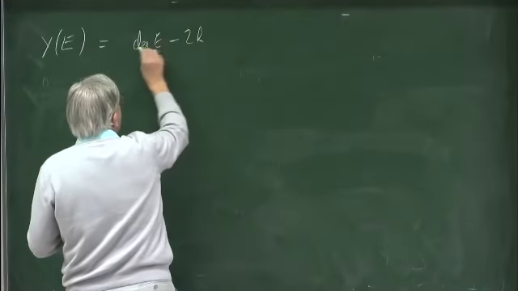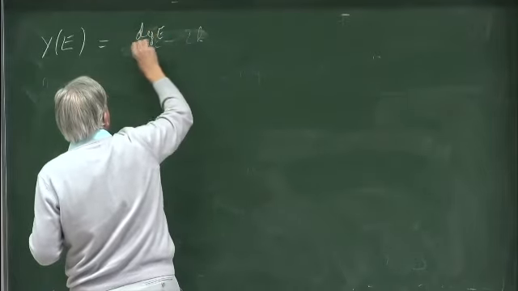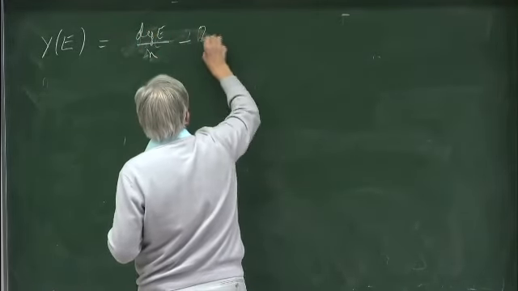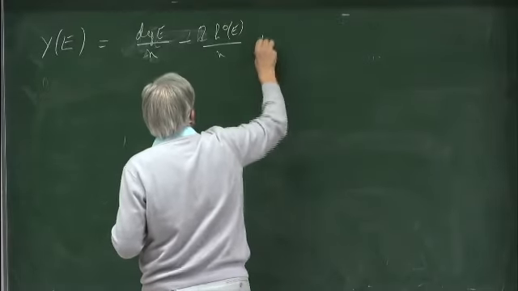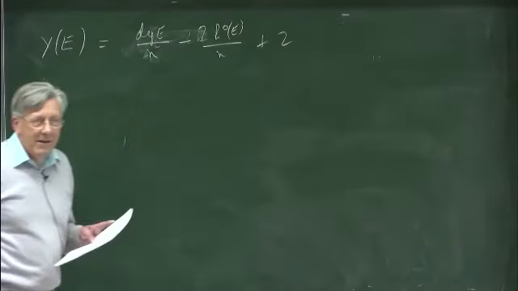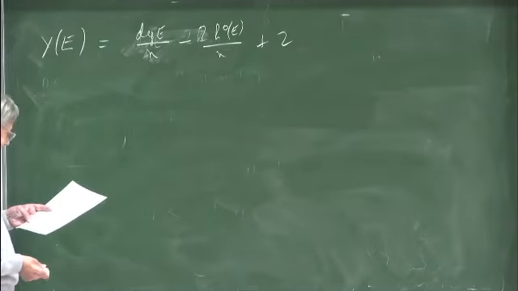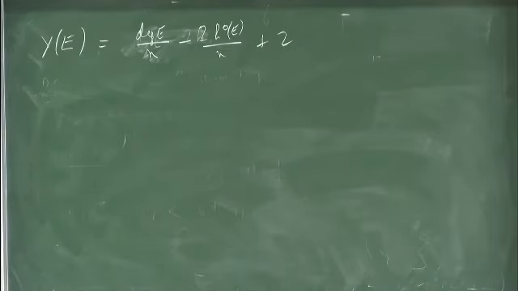It will be the degree of E divided by the rank, which is n, minus 2 h^0 of E divided by the rank, plus 2. That turns out to be the natural analog of the line bundle case.